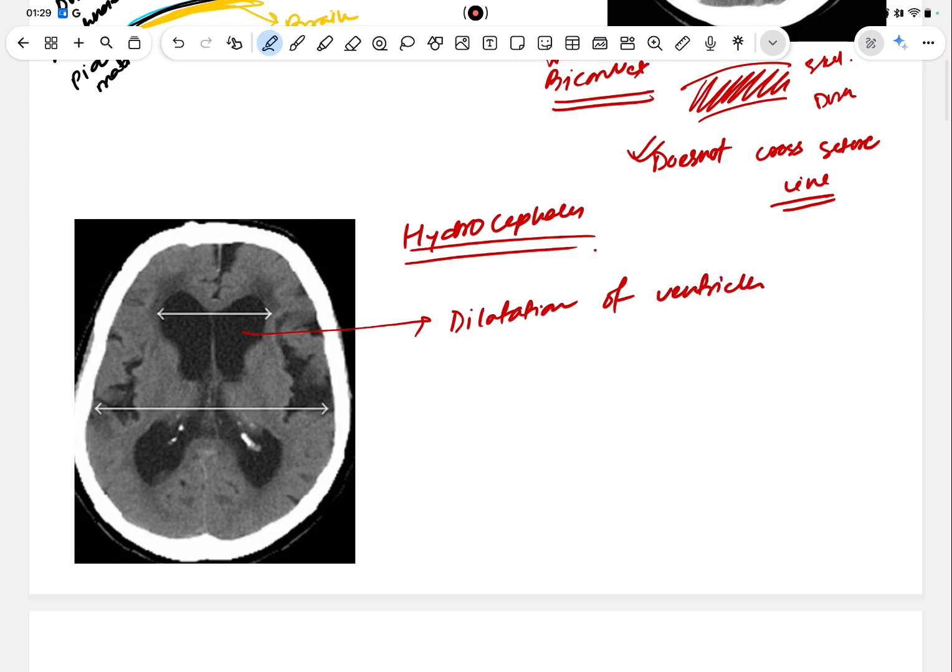It mainly occurs due to obstruction to the flow of cerebrospinal fluid, CSF, right? So the ventricles become dilated. There are so many causes which can be grouped into obstructive causes as well as congenital causes. It requires a separate video to explain all those causes, but this is clearly dilated lateral ventricles, so it is a CT scan of hydrocephalus.